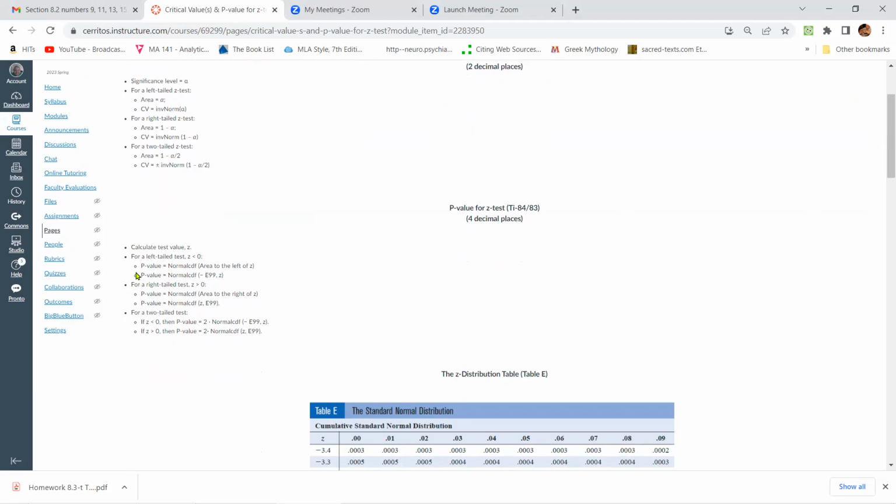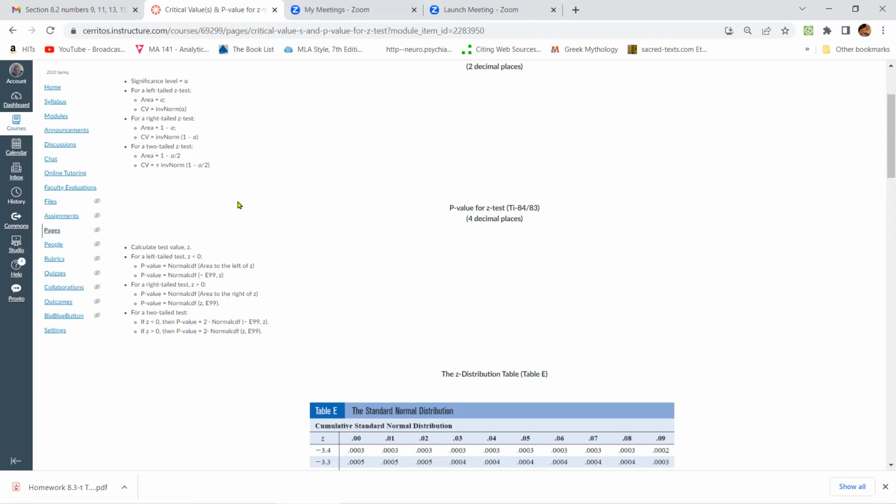It says the p-value is normal CDF, the area to the left of Z. So you're going to have normal CDF from negative infinity to whatever your Z score is. That's why we had to calculate the test statistic first. So it's negative E99 to our Z.